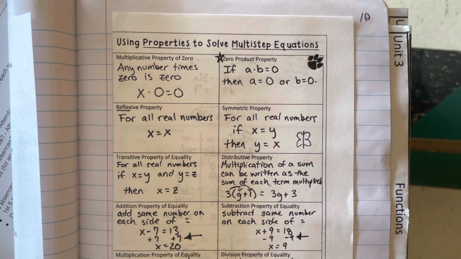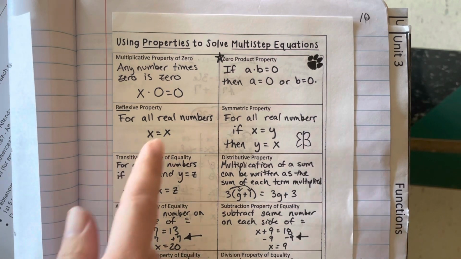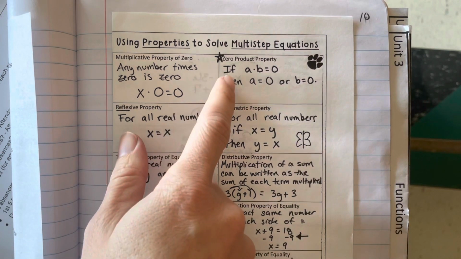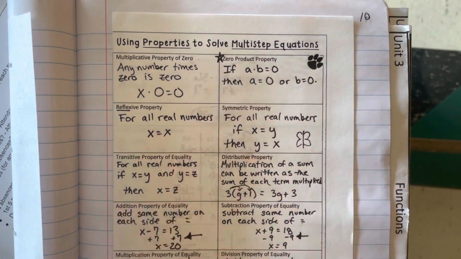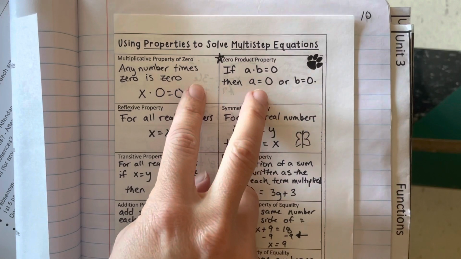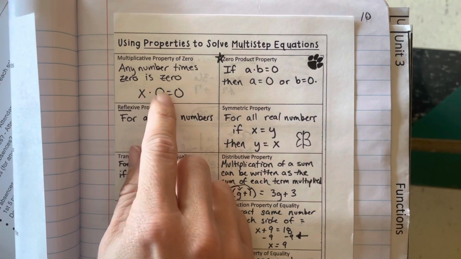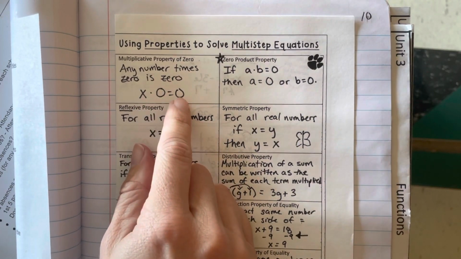Notice that there is no additive property of 0. We're going to get down here at the bottom to what it means to add something to 0. The other property we need to know is called the zero product property. These two things are different. The multiplicative property means you can multiply anything by 0 and you get the answer 0.